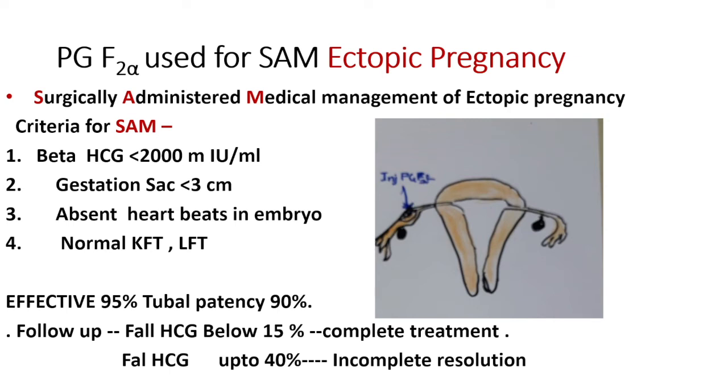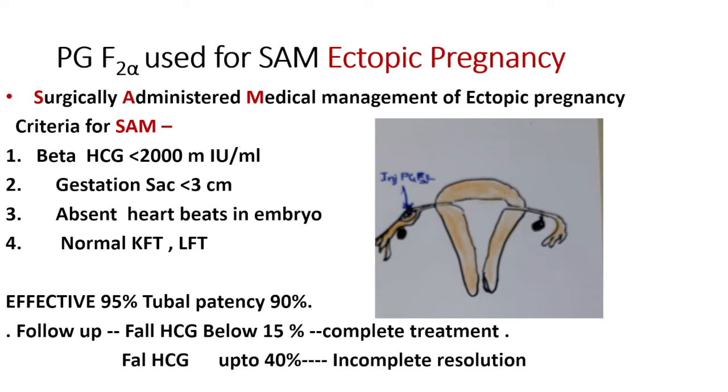One of the other and rare uses of prostaglandin F2 alpha is in cases of SAM or surgically administered medical management of ectopic pregnancy. So here is the ectopic pregnancy, under sonography guidance or along with laparoscopy. The drug can be injected directly into the SAM.